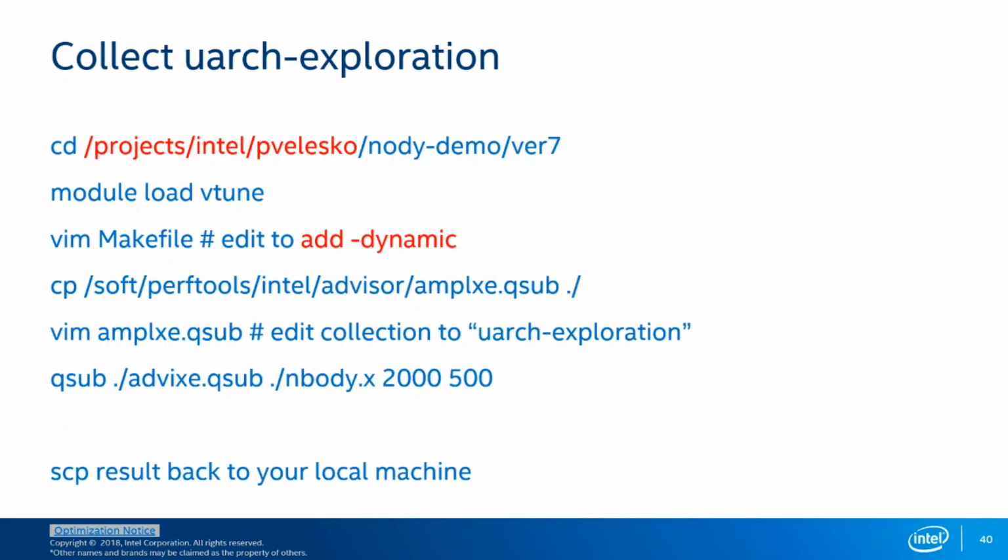In order to run, for example, a microarchitecture exploration analysis, we again have to be in projects. So we go to projects, whatever application directory you have. We do module load vtune, and then we need to edit the makefile to make it link dynamically.